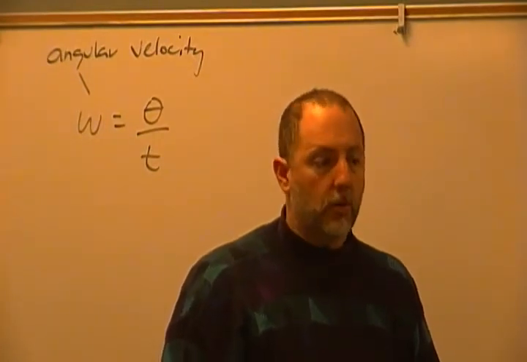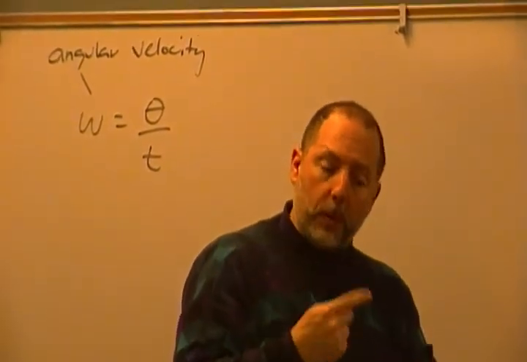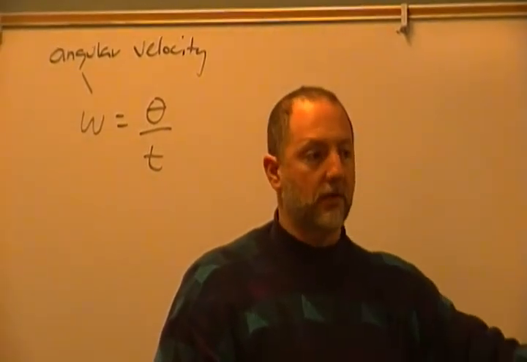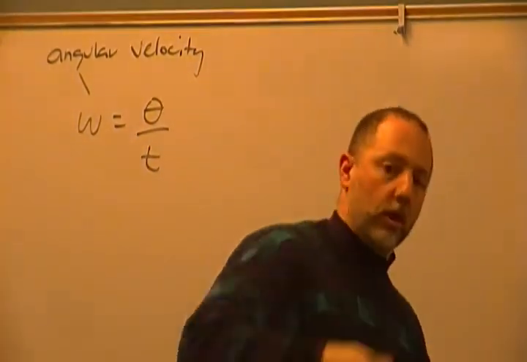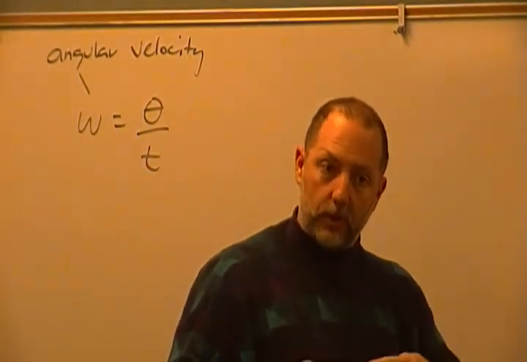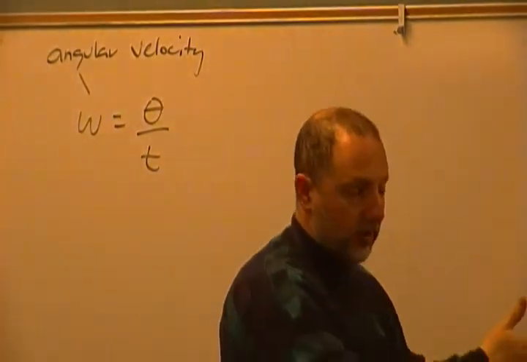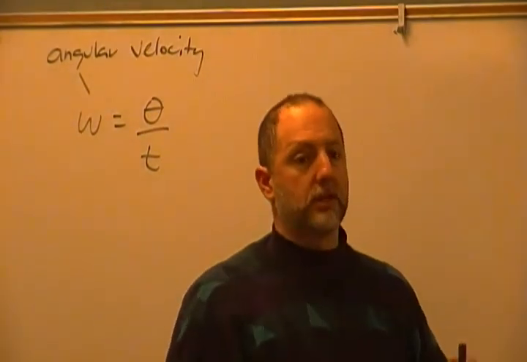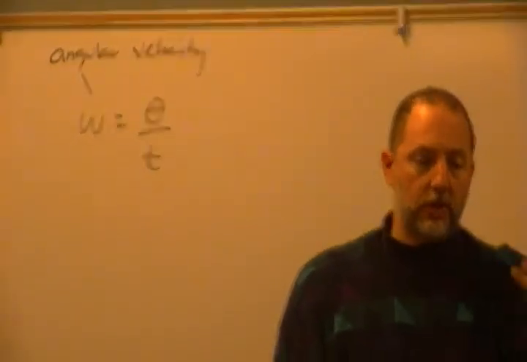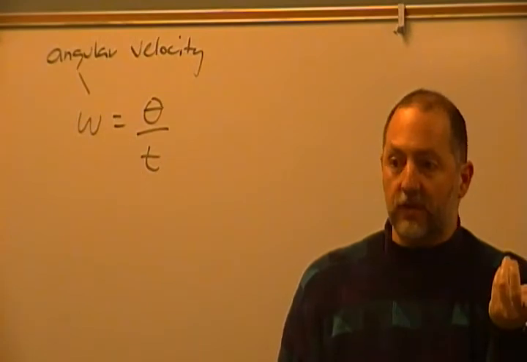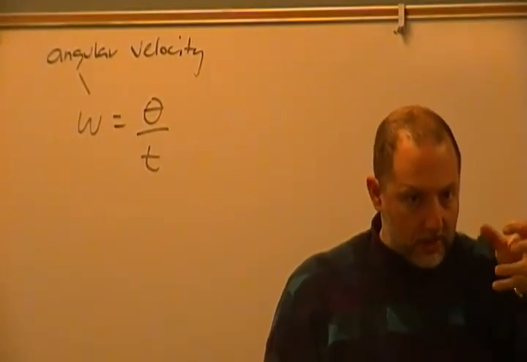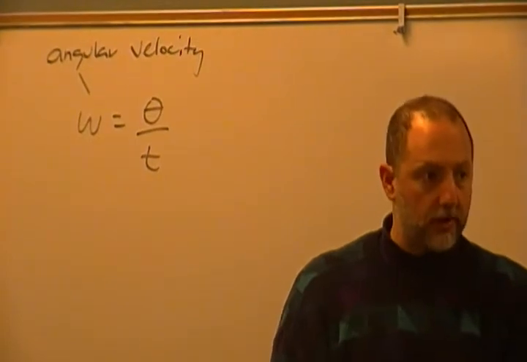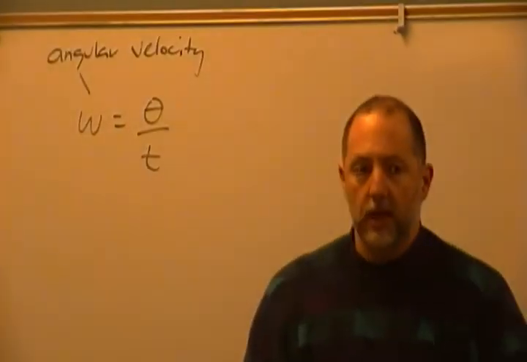The small one, because that little guy is whipping around really fast to cover the same distance. The big one's just rolling slowly. They have the same linear velocity, but their angular velocity is different because the small one is making complete rotations faster. How fast you're making a complete rotation is angular velocity. How much distance you're covering in a straight line is linear velocity.